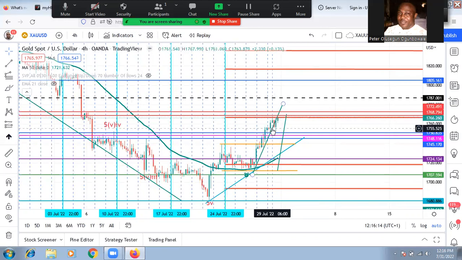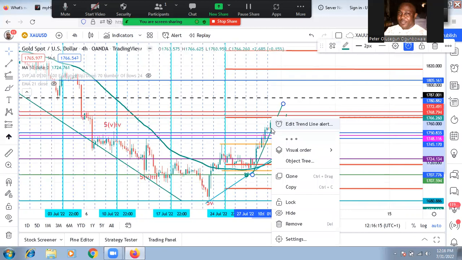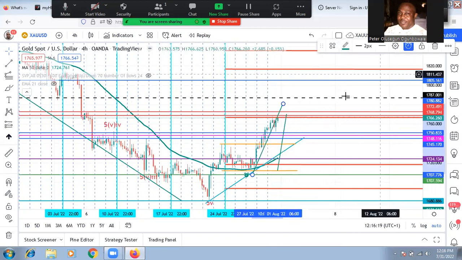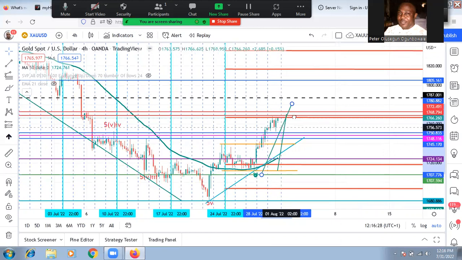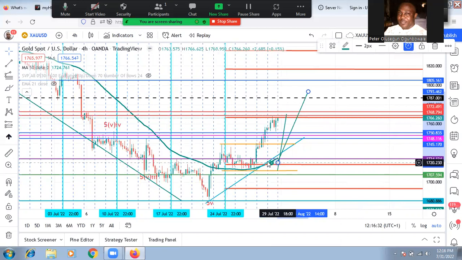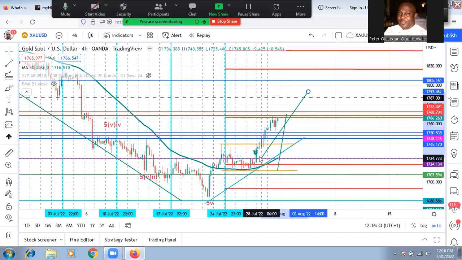This is going like an ending diagonal around that area, in this area on the daily.